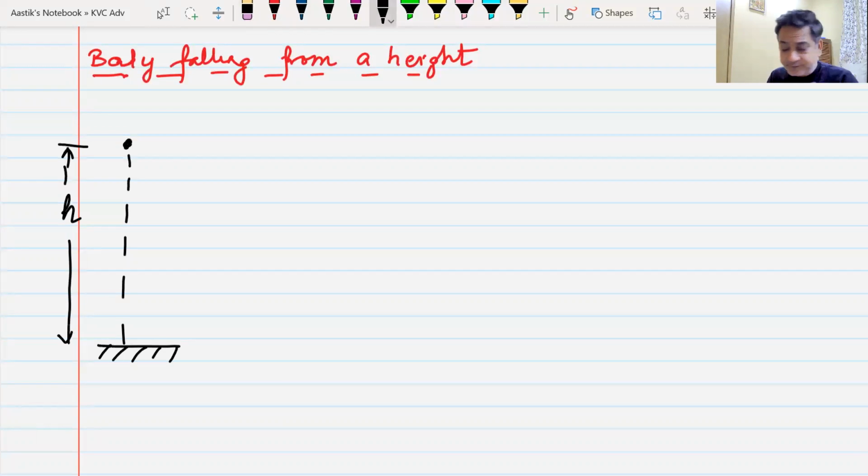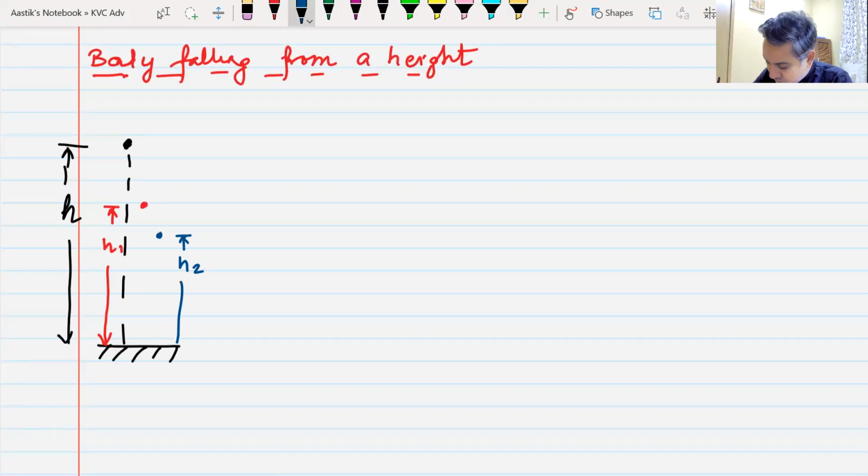Then it rebounds and obviously does not reach the same height. After rebounding, it reaches some height h1. After the first rebound, it reaches height h1. Then it might rebound back again, and after the second rebound, it reaches height h2. And after the third rebound, the height increases. Yes or no? Yes sir.